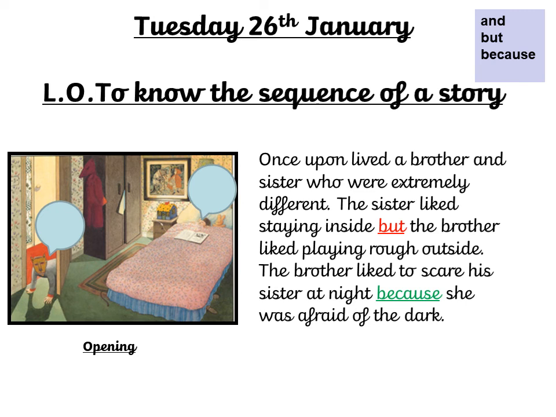The sister loved staying inside, but the brother liked playing rough outside. The brother liked to scare his sister at night because she was afraid of the dark. So what conjunctions have I used there? I have used but and because, okay? So I've used a variety of conjunctions to extend my sentences.